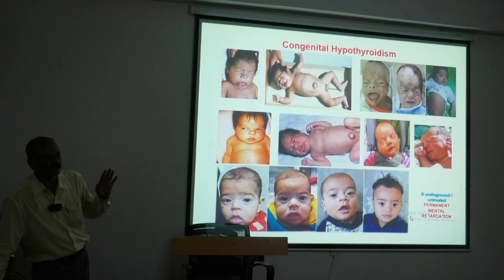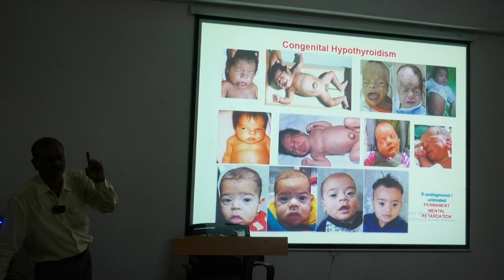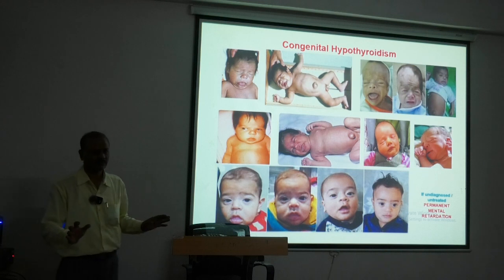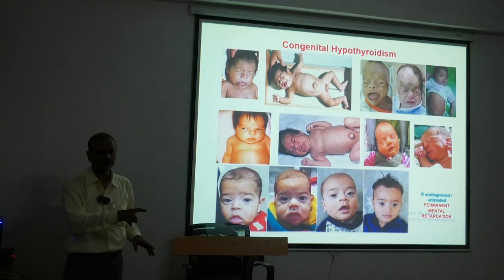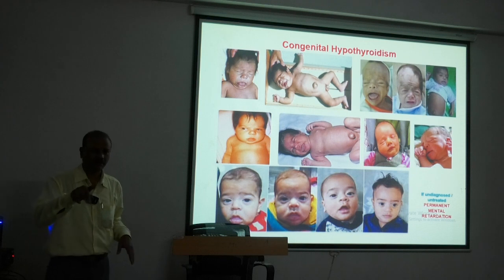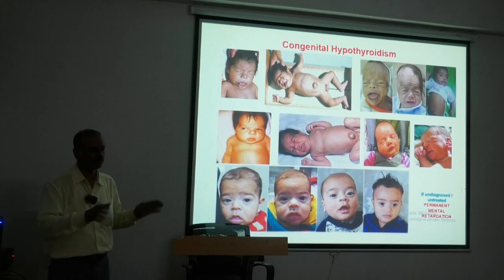No family wants, no mother wants a permanently mentally retarded child. That's why nowadays the TSH test has become almost mandatory soon after birth, to detect this, so that if the baby suffers from hypothyroidism, thyroxine hormone can be given to allow proper brain development and growth.